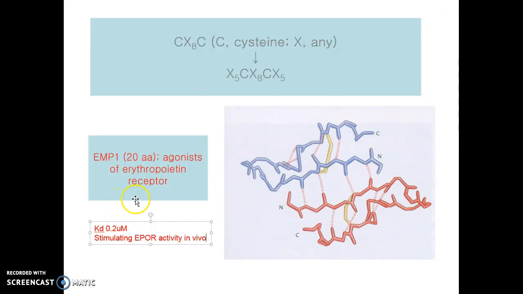EMP1 was selected by 2 cycles of fuzzy display. First, they used the sequence shown here, where the center 8 residues were randomized, and also ending with 2 cysteines at both ends.